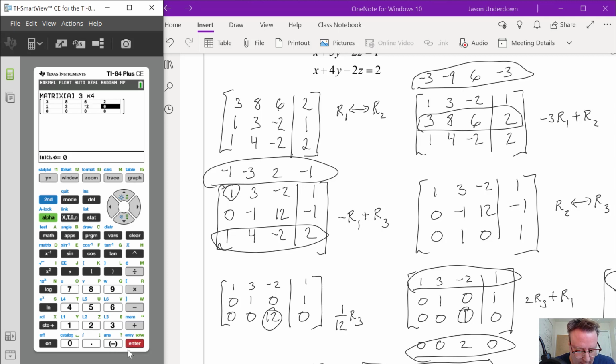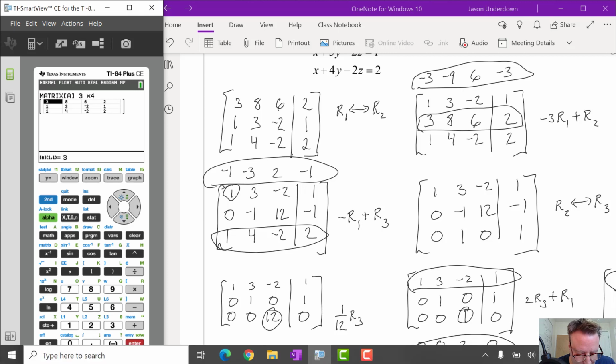Make sure you use the unary minus, and then 1, enter. Okay, and finally the third row is 1, 4, -2, 2. So 1, enter, 4, enter, -2, enter, 2, enter. Okay, we should just quickly check this. 3, 8, 6, 2, 1, 3, -2, 1, 1, 4, -2, 2. Looks good to me.